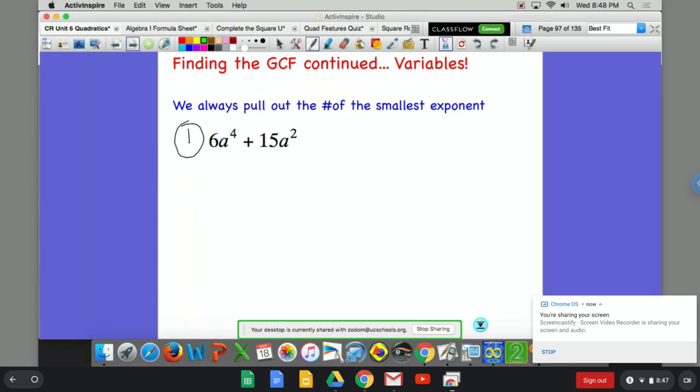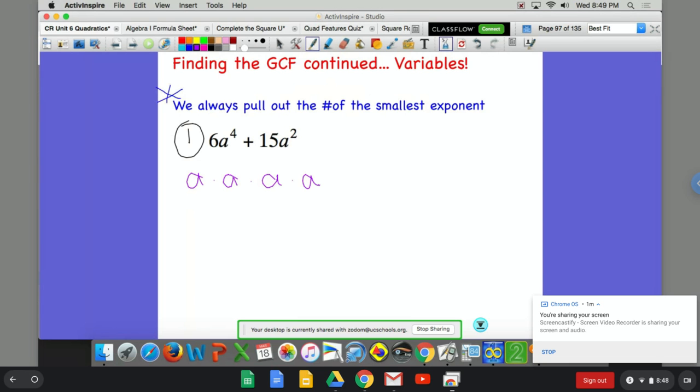And so we will always pull out the number of the smallest exponent. Once again, I'm a visual person, so you guys know this since you've had me in class, but the way that I like to think about this is when we have 6a to the fourth, we really have a times a times a times a.